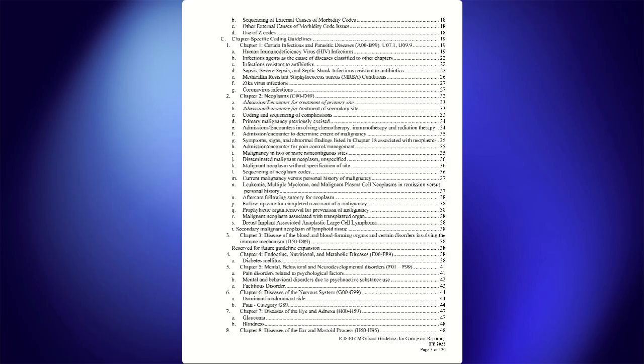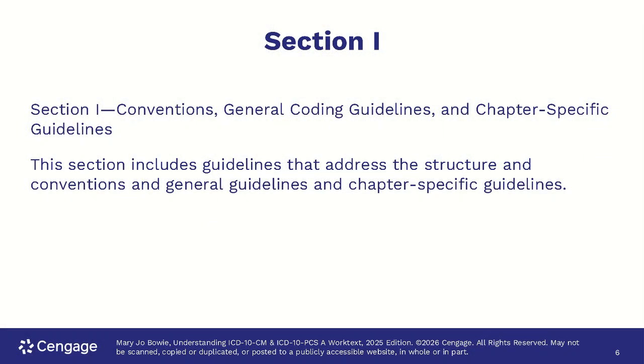So, Section 1C of the guidelines is where you have guidelines for some, not all, of those 22 chapters. I wanted to call that out because I think it's important to have that understanding. So, section one, the largest section, is divided into parts A, B, and C.